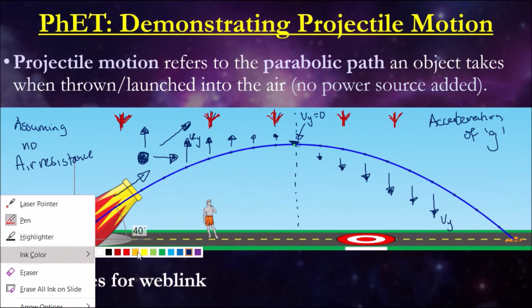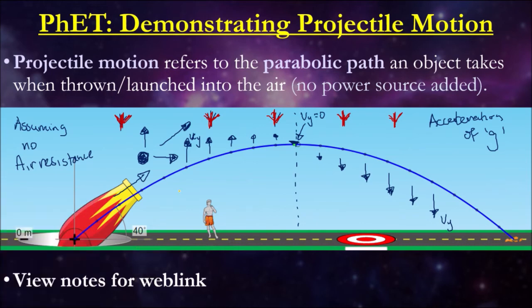Okay, so there's that. Now if I change my color, hopefully to orange, you can see the trajectory is continuously moving forwards. If you look very carefully, the distance between each interval, at least horizontally, stays the same.